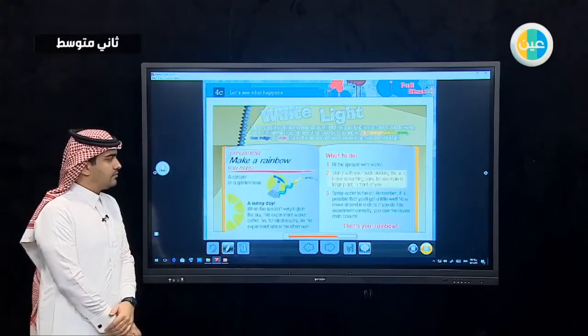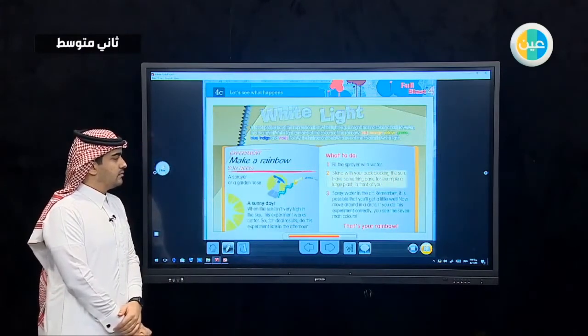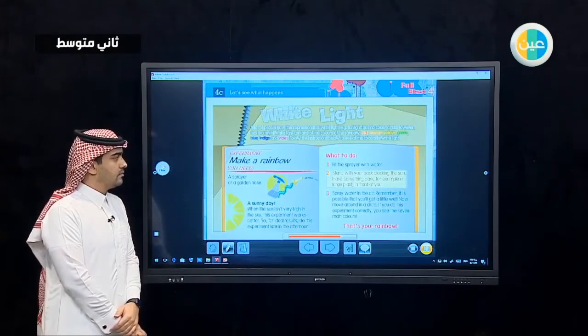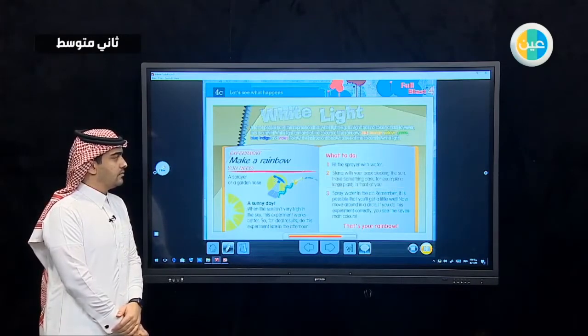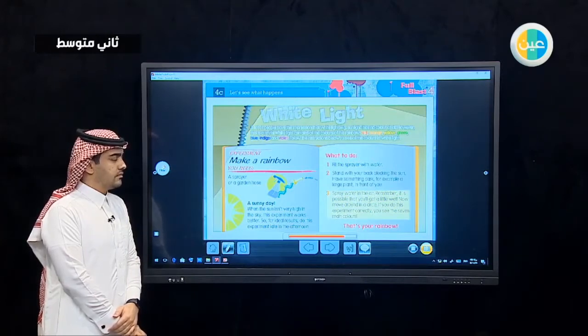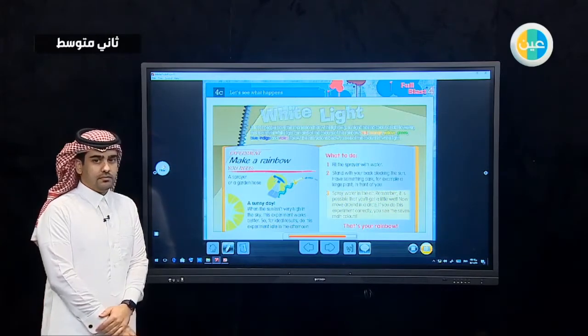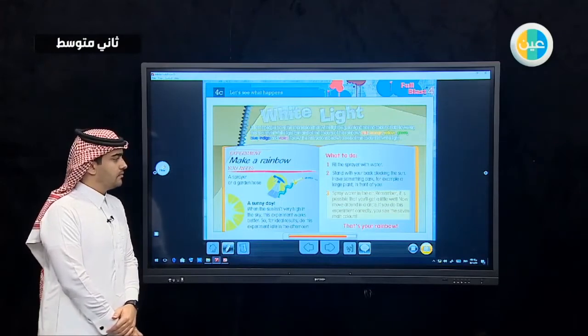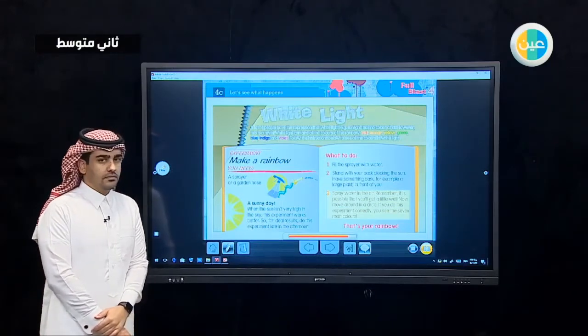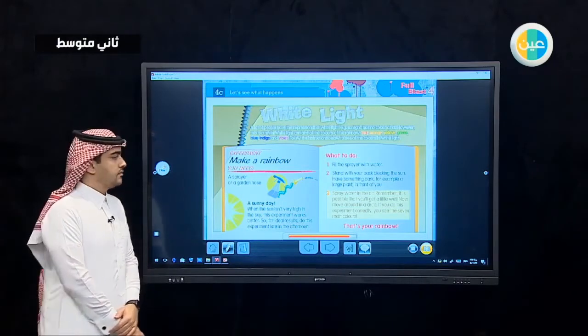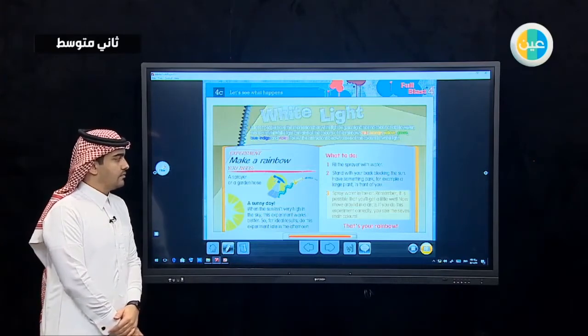Stand with your back blocking the sun. Have something dark, for example a large plant, in front of you. 3. Spray water in the air. Remember, it is possible that you'll get a little wet. Now move around in a circle. If you do this experiment correctly, you see the 7 main colours. That's your rainbow.